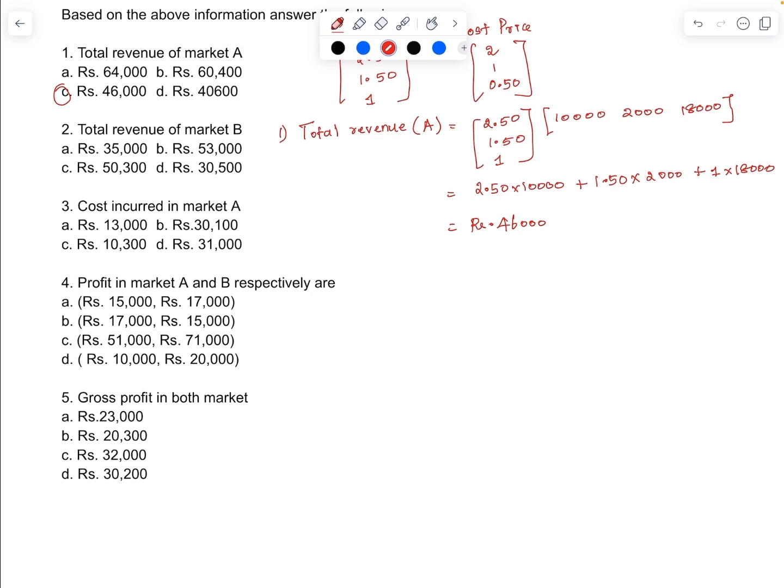Question 2. Total revenue of market B. This is the same way as total revenue of market A. We have to multiply the selling price with the quantity sold. Selling price matrix is 2.50, 1.50 and 1.